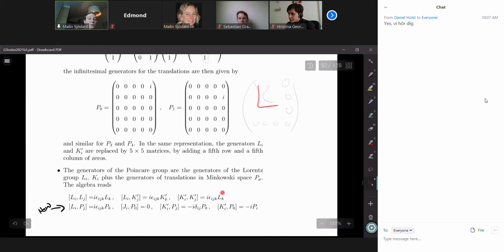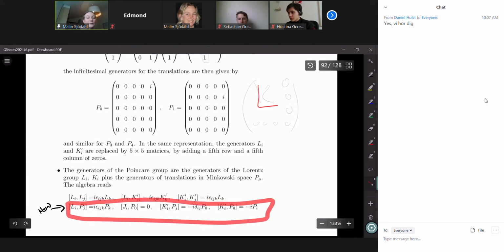So that was the old Lorentz algebra with the L's, so the rotations in principle form a subgroup, but the boosts certainly do not form a subgroup, because the commutator of two K's gives us an L. Now to this Lorentz algebra, we add this set of commutators.